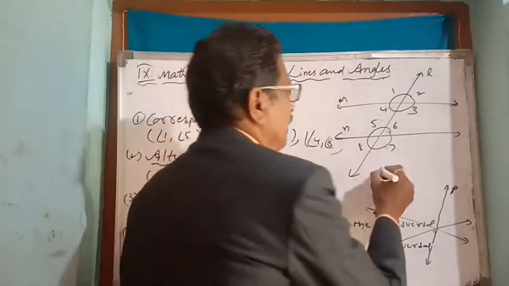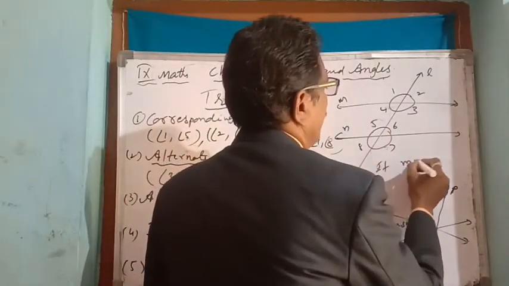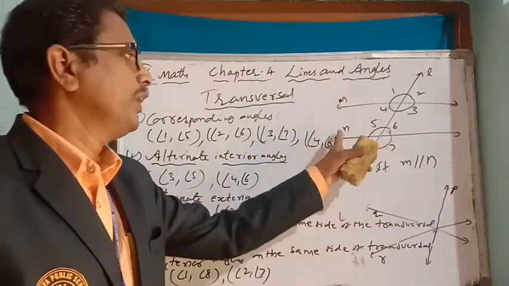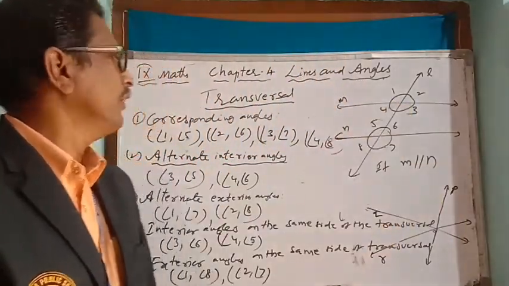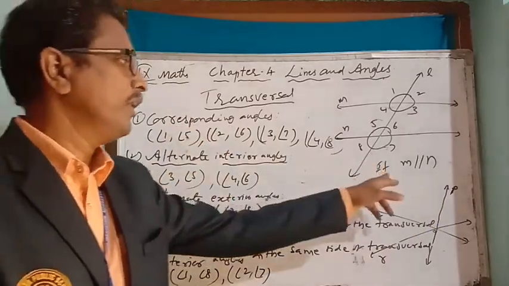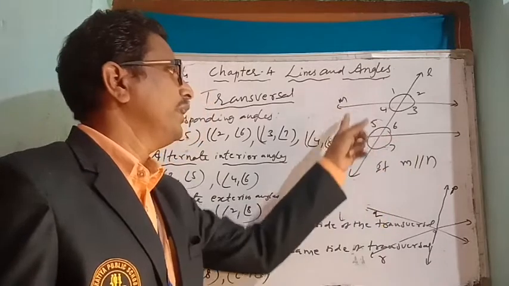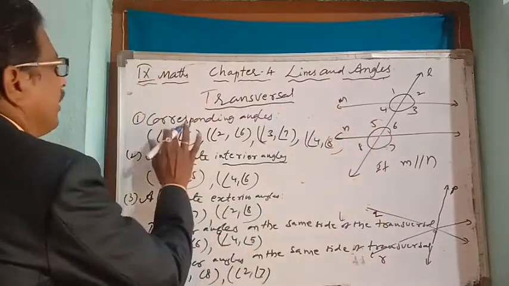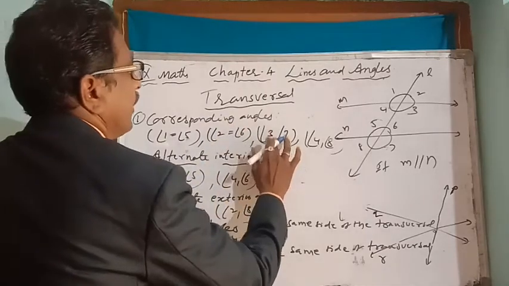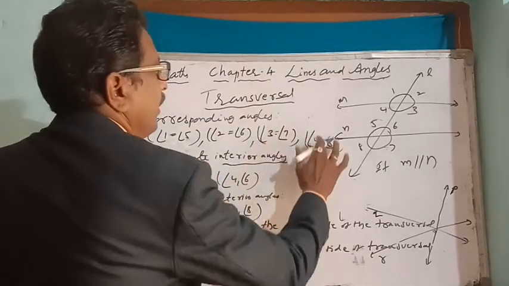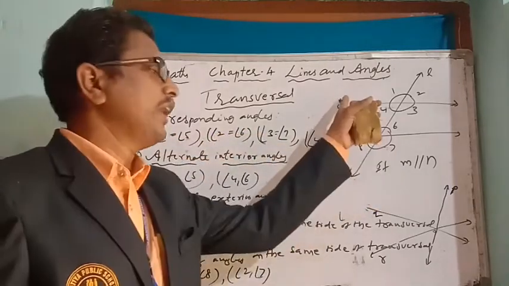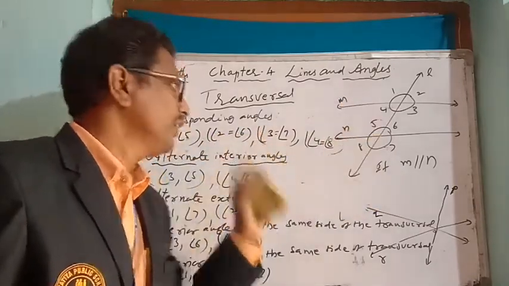If M is parallel to N, then corresponding angles are equal. Therefore angle 1 equals angle 5, angle 2 equals angle 6, angle 3 equals angle 7 and angle 4 equals angle 8. If lines are parallel, their corresponding angles are equal.